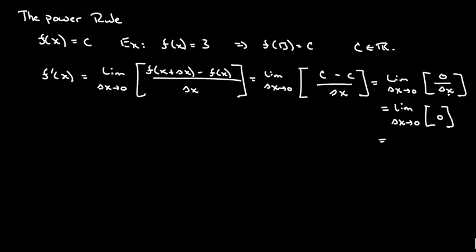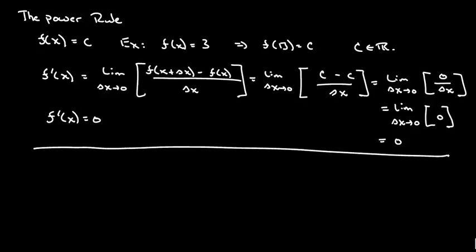And the limit as delta x goes to 0 of a constant is just that constant. So f prime of x is equal to 0. This tells you that if you have a constant function, its derivative is 0, regardless of the x value that you're at.